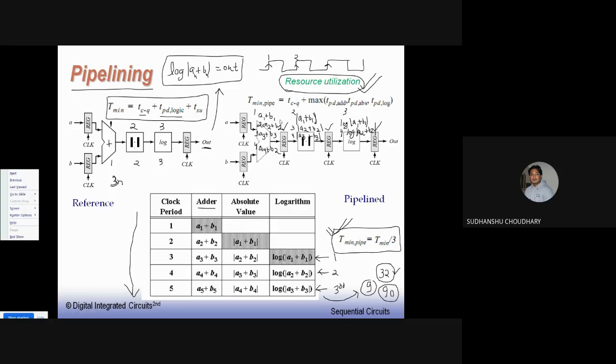But when you make a system pipelined, all the resources, that is all these combinational logic blocks, are used in every clock cycle. So they are not allowed to sit idle. The important thing to notice here is that because of 100% resource utilization, the system performance can be increased. This is very popular in microprocessors, especially in the data paths of microprocessors.